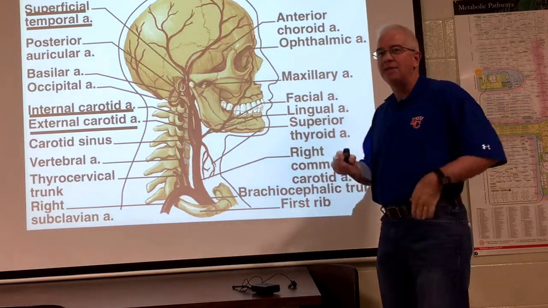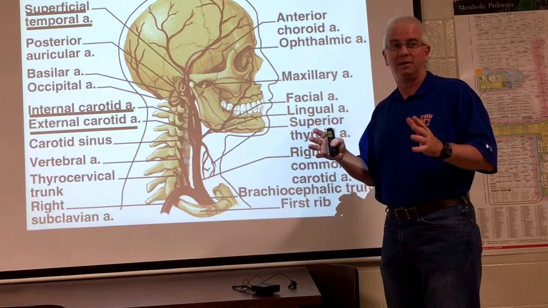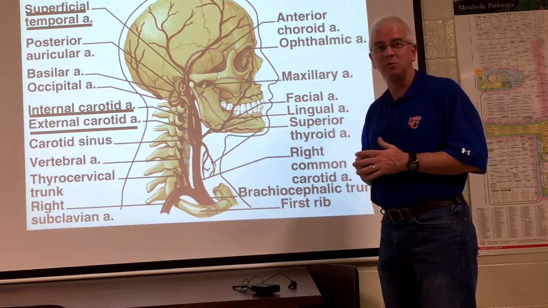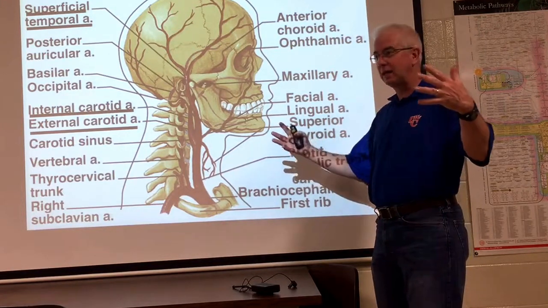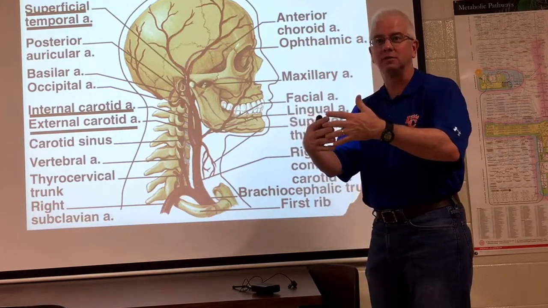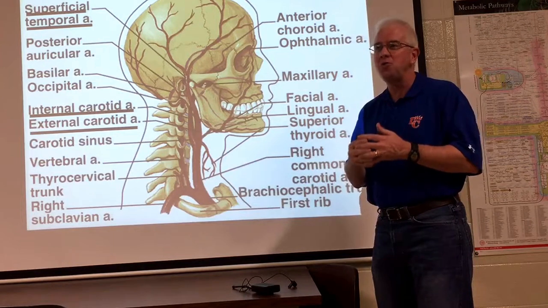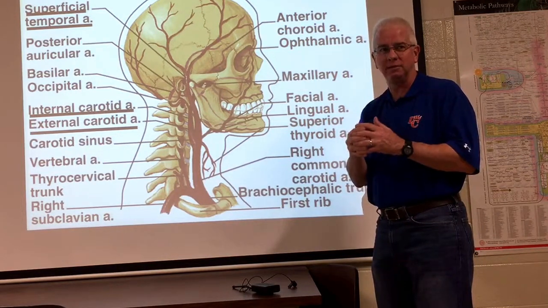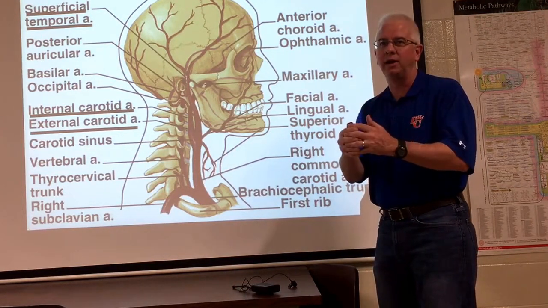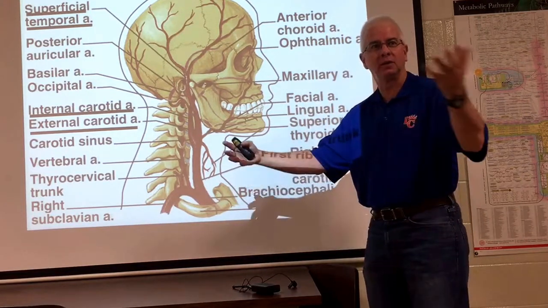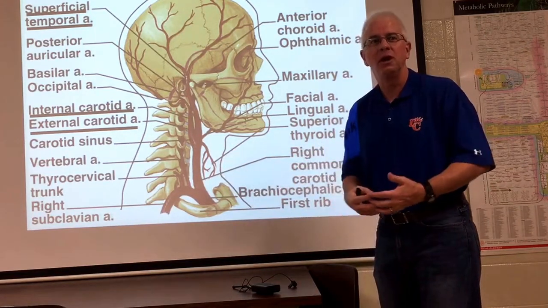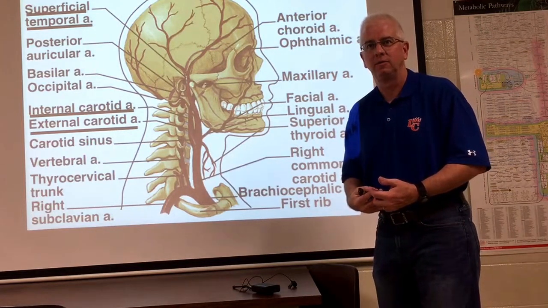So at the end of the road, it's not a dead end with blood vessels. At the end of the road, they connect with other blood vessels. So you all knew already from your knowledge of blood vessels that the typical way the system works is arteries connect with capillaries, which connect with veins. So there really are no dead ends.